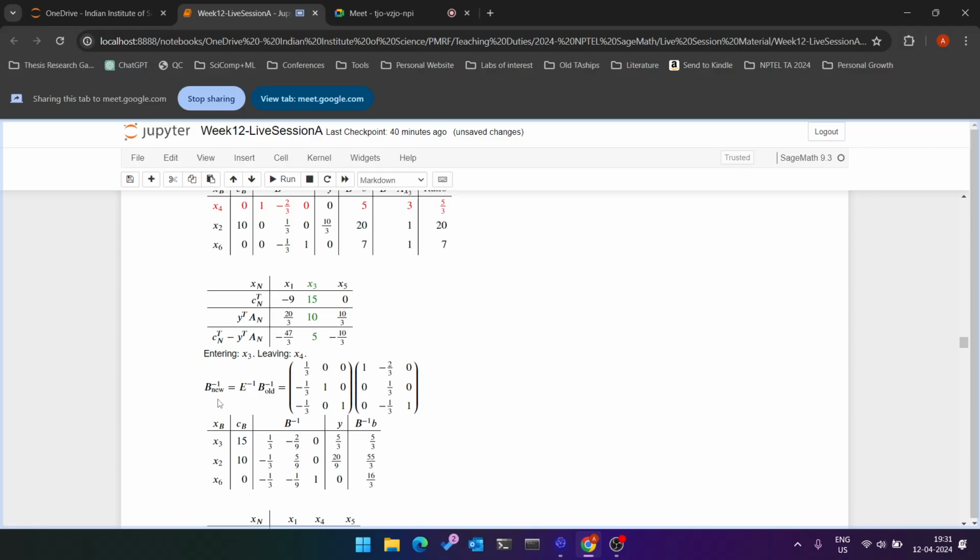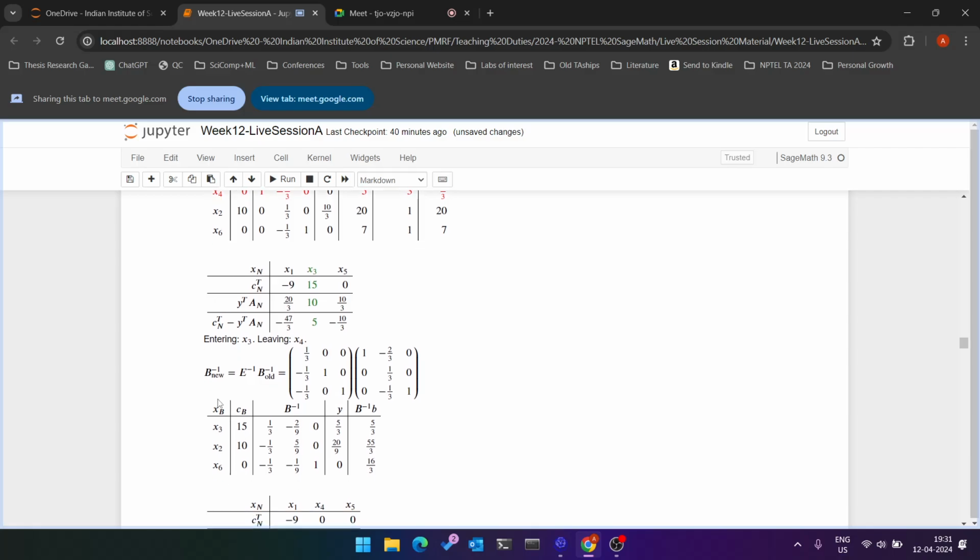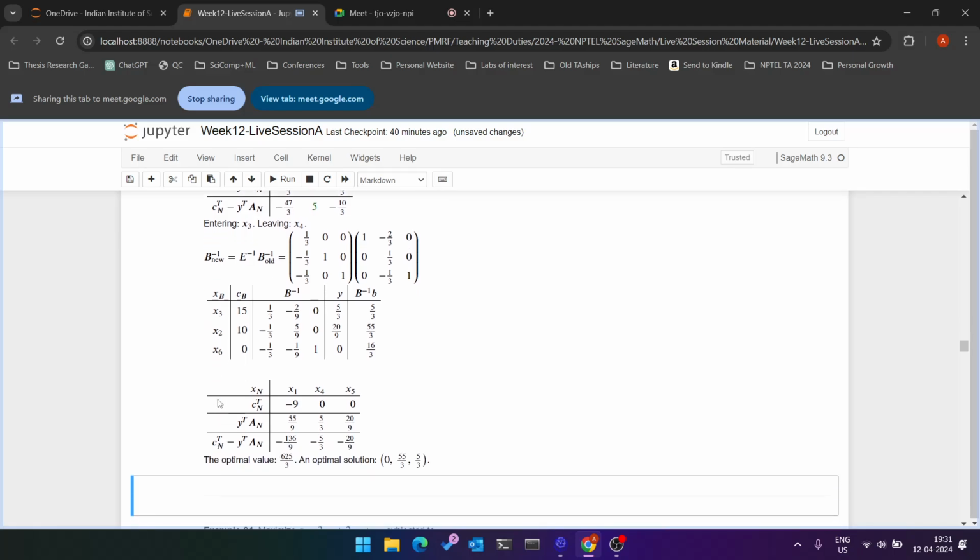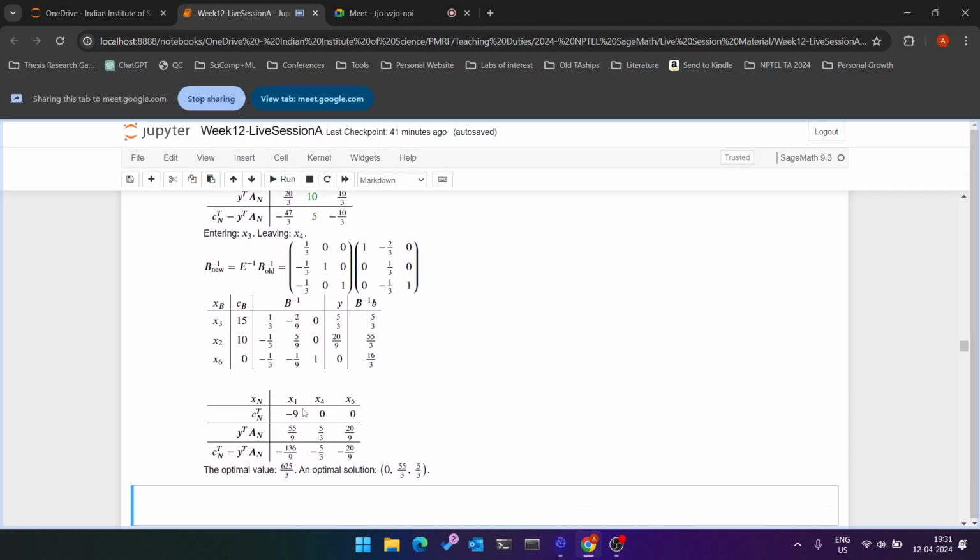my new B inverse of the basis matrix is calculated, and from this I get my current reduced cost coefficient in this form. So this basically tells me that my objective function is maximized when x1, x4, and x5 are all going to 0.